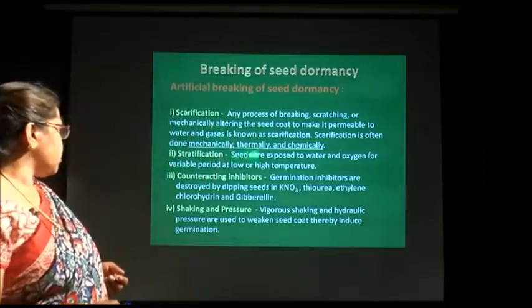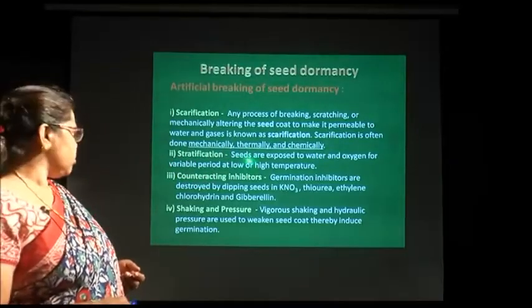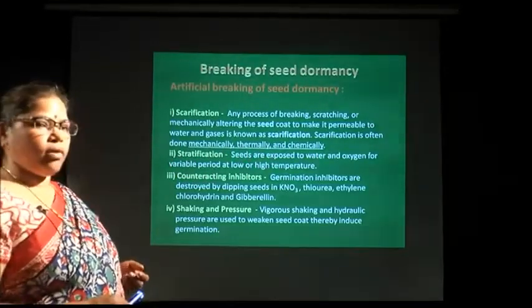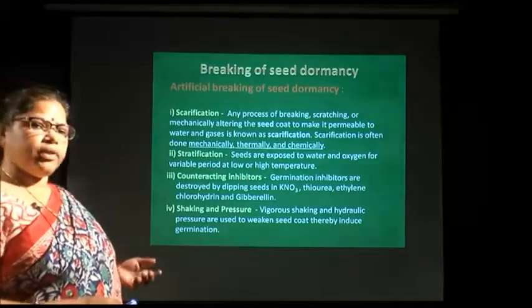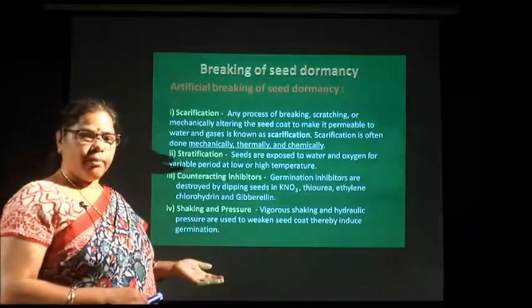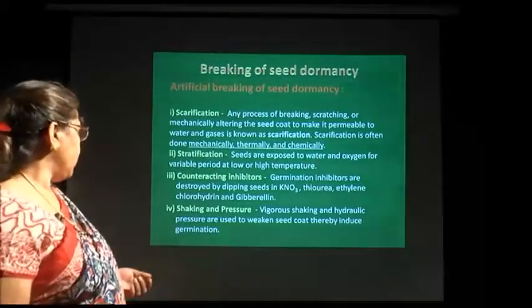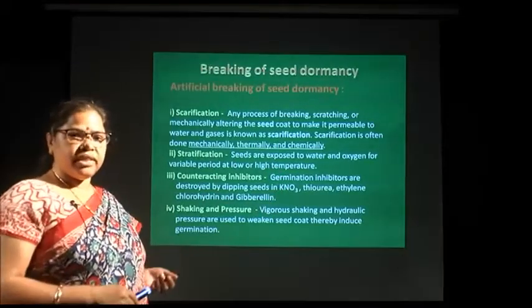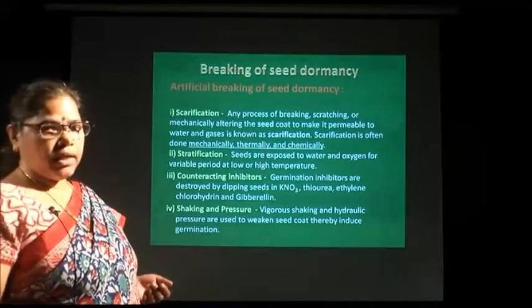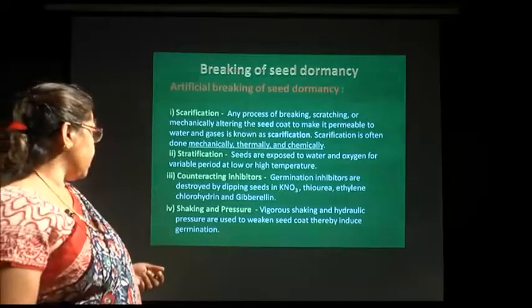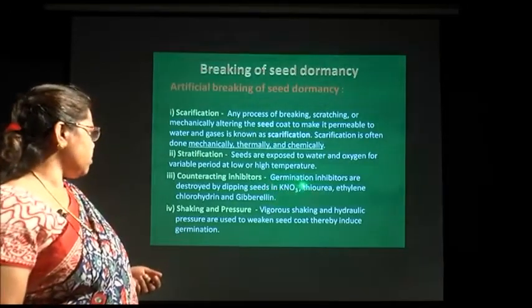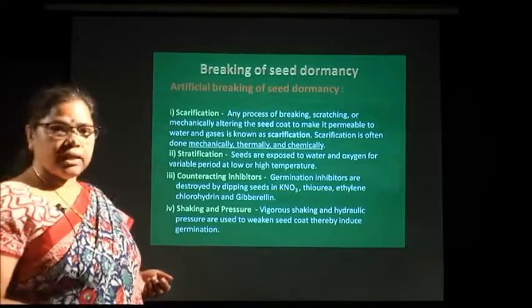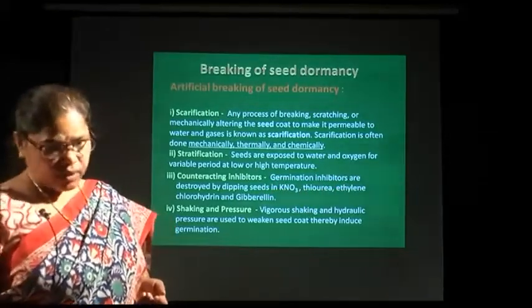Then stratification. In stratification, the seeds are exposed to water and oxygen for a variable period, either at low temperature or at high temperature. Then counteracting inhibitors: the germination inhibitors which are present are counteracted by chemicals like potassium nitrate, thiourea, ethylene chlorohydrin.